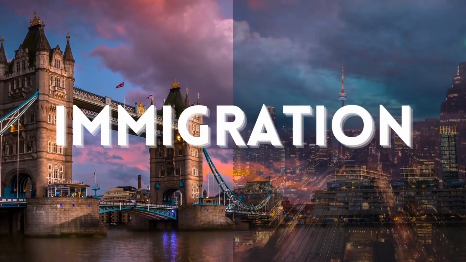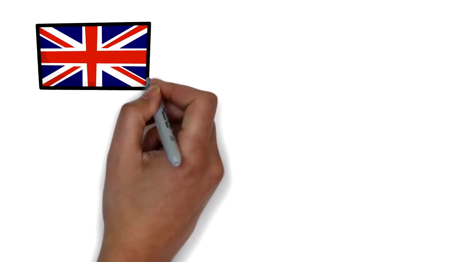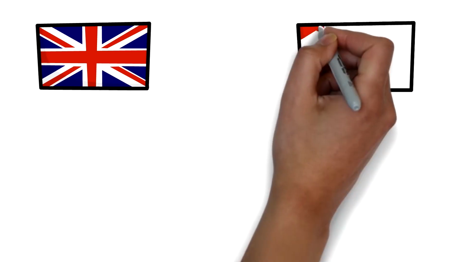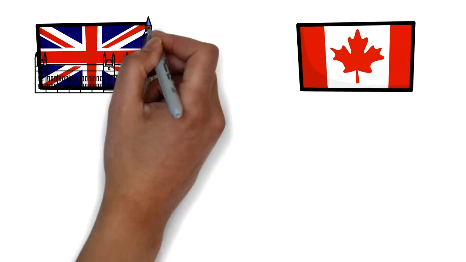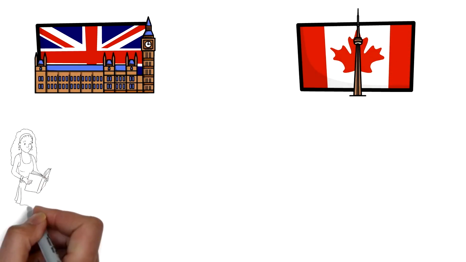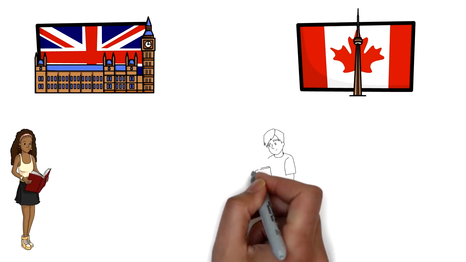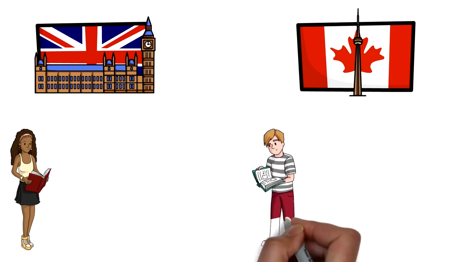Okay, now let's discuss the immigration programs. Of course, if you don't know how to immigrate, then all of this video would not make much sense. So both UK and Canada have different immigration programs for different kinds of people. Let's say that if you are a student, then both of these countries offer you student visas.